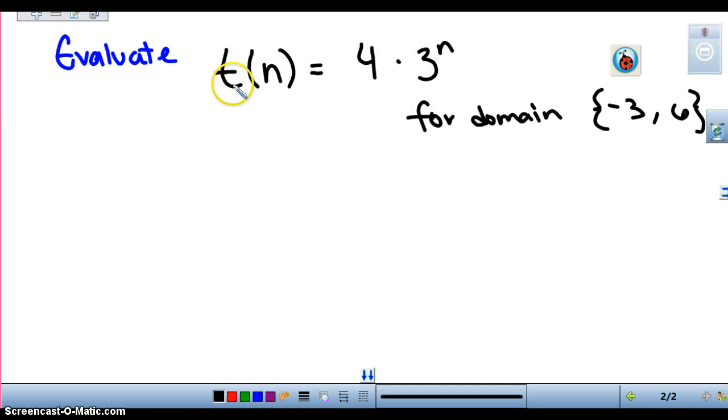If we have to evaluate t of n equals 4 times 3 to the n power for the domain -3 and 6. What does domain mean? X. T of n also means y. So can we create our same table?